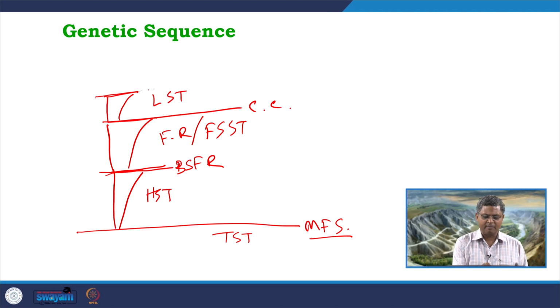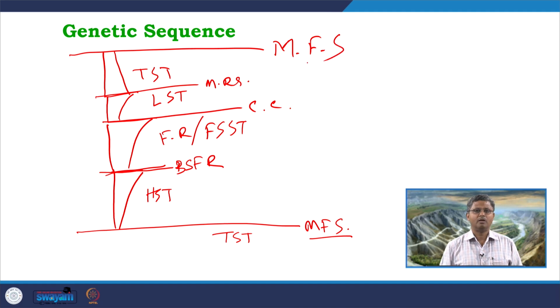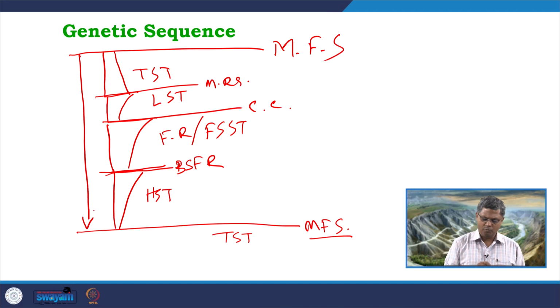This LST will be marked by the maximum regressive surface, and on this surface we will get a fining upward package, which is the TST package, marked by the maximum flooding surface. So, as per definition, the package from one MFS to the next MFS is one genetic stratigraphic sequence.